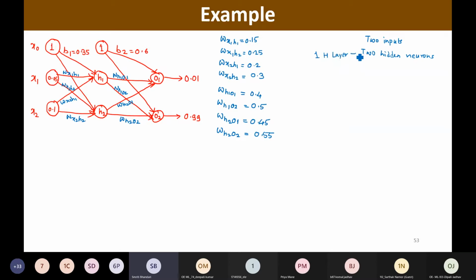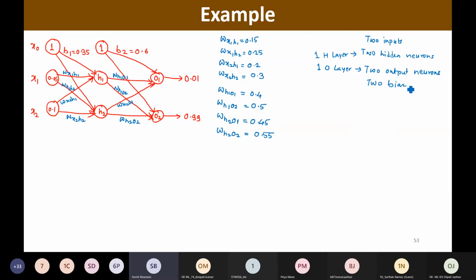We are having one output layer which also comprises two output neurons. And we are having two biases here. So this is what we have, the network.